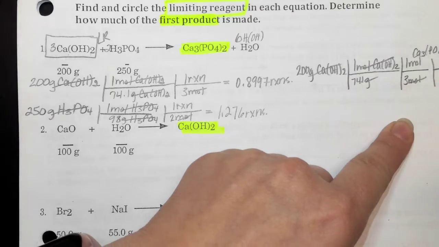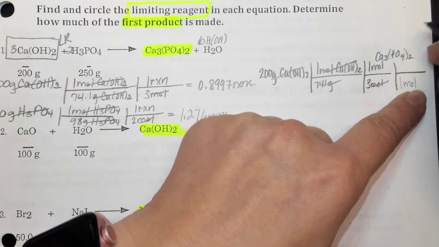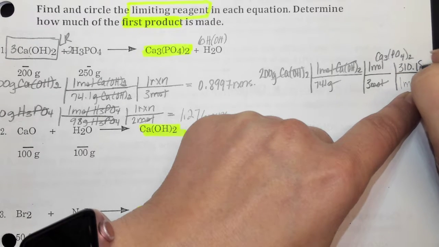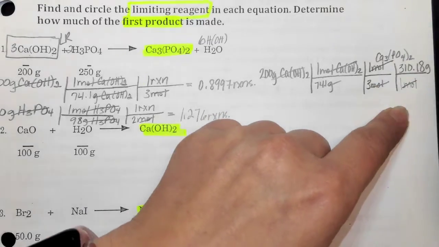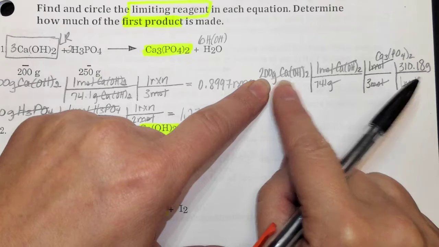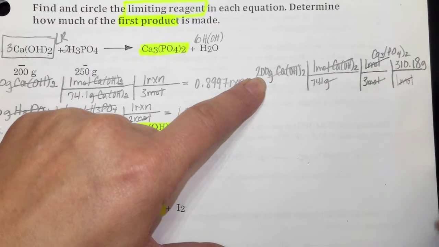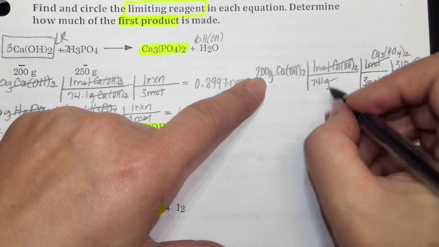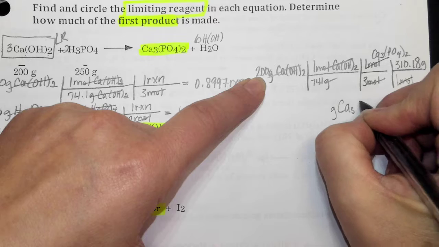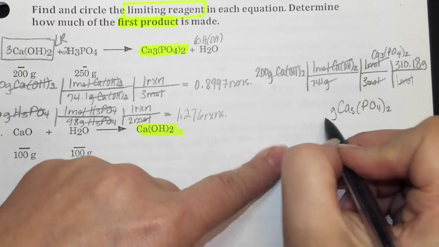And I already calculated the molar mass for you. 1 mole is 310.18 grams. So if I start with 200 grams of calcium hydroxide and I go from grams to moles, moles to moles, moles back to grams, how many grams of Ca3PO4 2 can I make?